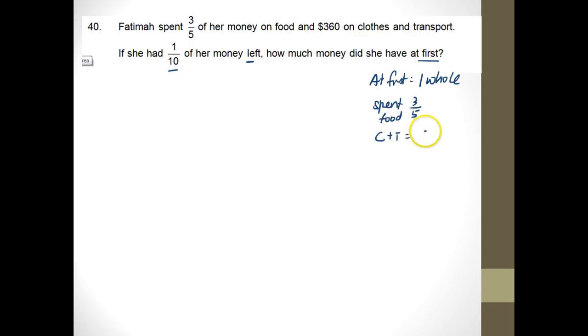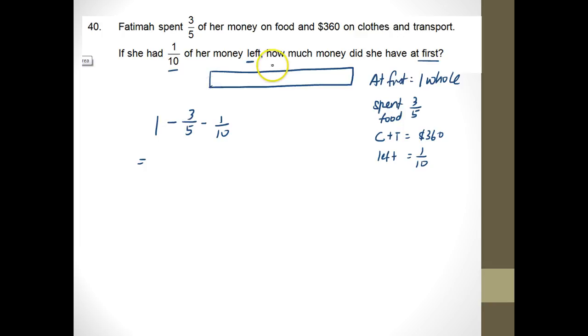Clothing plus transport is $360. She left 1/10. So first I need to take 1 whole minus 3/5 minus 1/10 that is left. Right? If I want to draw my model, I can draw this way.